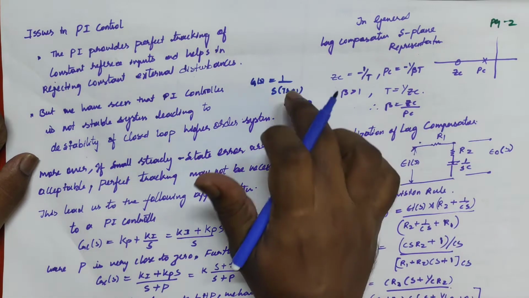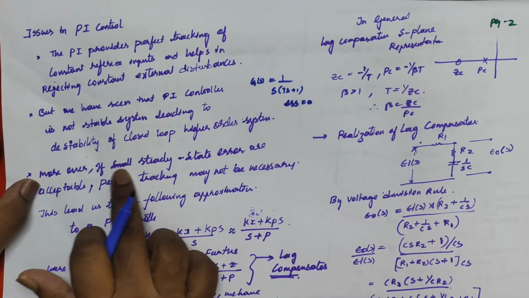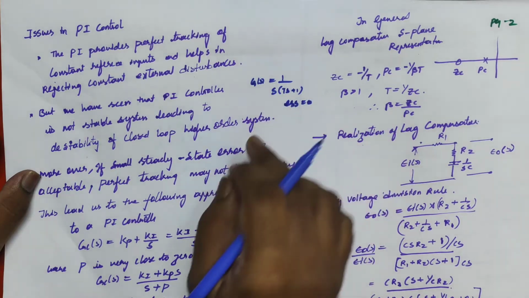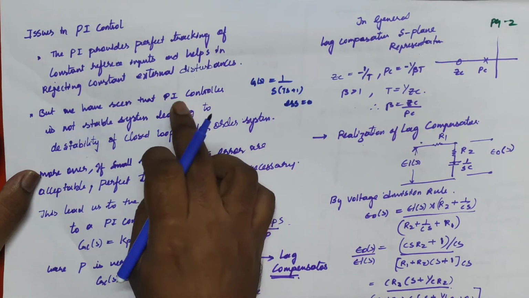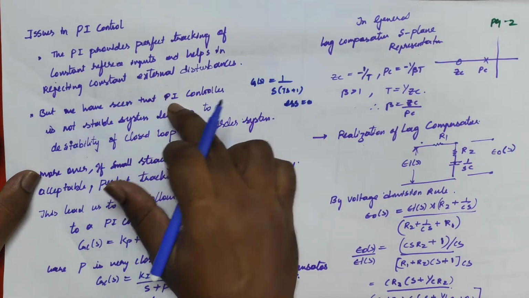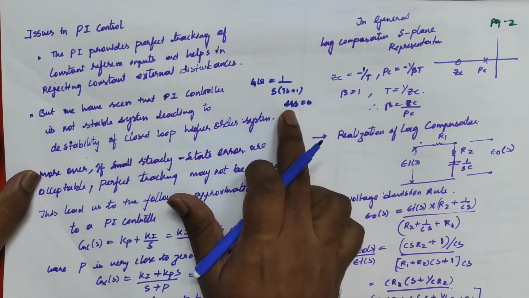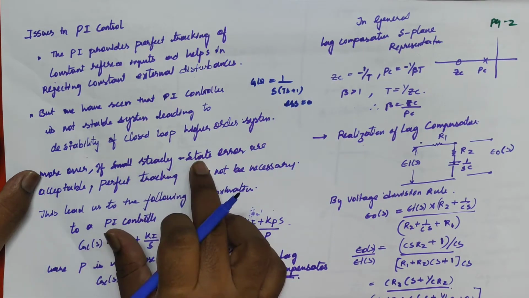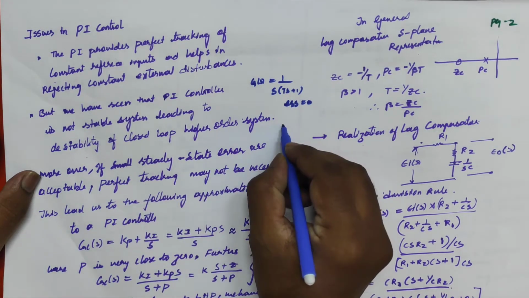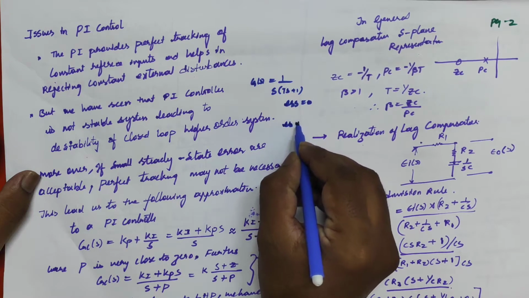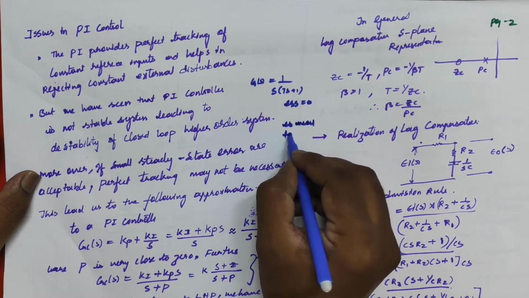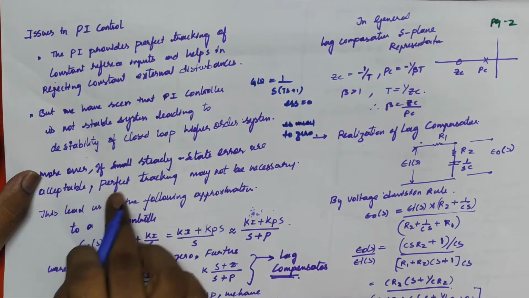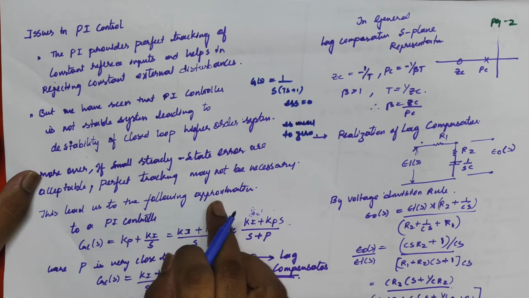To overcome that problem, some compromise is involved. Even though by using the PI controller we get steady state error equal to 0, we compromise on the steady state error. That means a small steady state error which is near 0 is maintained, leading to a lag controller, as a following approximation.